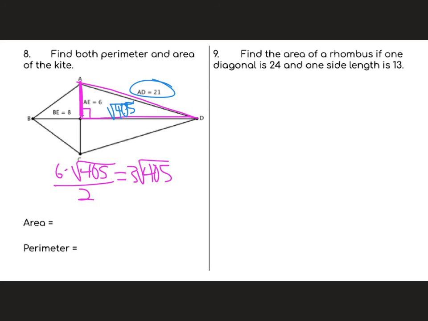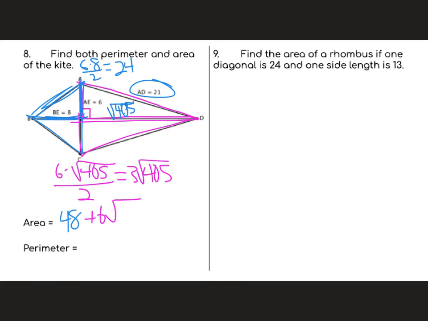And then I also need this blue triangle. And the blue triangle is 6 times 8 divided by 2, which is 24. Now, notice that I have 2 blue triangles, so that's 48. And then I have 2 pink triangles, so that's 6 square root 405.